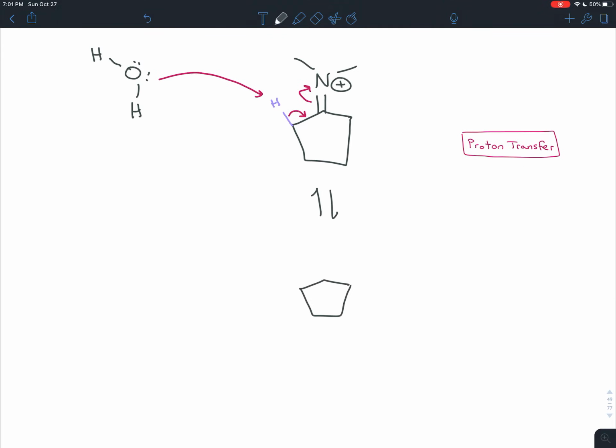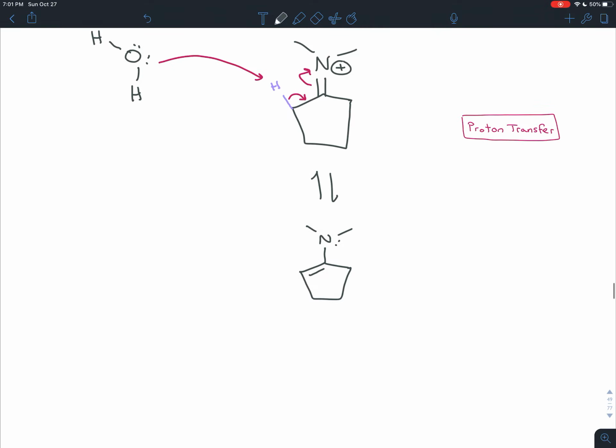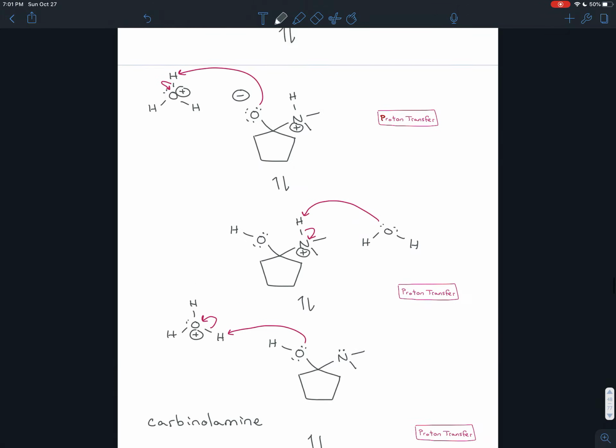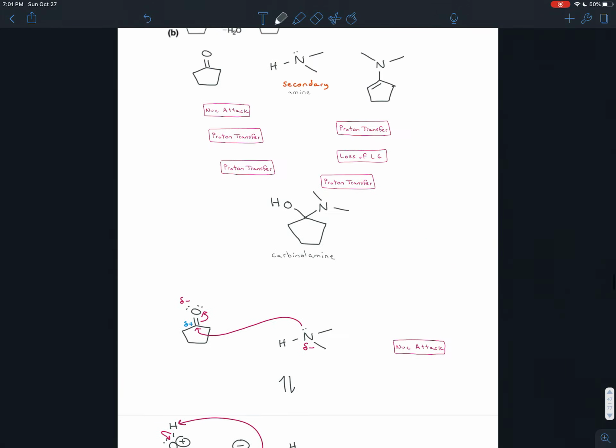It's a hydrogen on the alpha position, one carbon away from the double bond. And so what we're left with here is a double bond going toward the nitrogen, a single bond from the carbon chain to the nitrogen, and the two methyl groups with a lone pair. And so that is the final molecule. That is the enamine that you would get from this reaction.